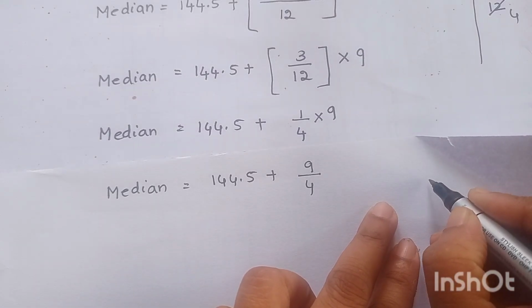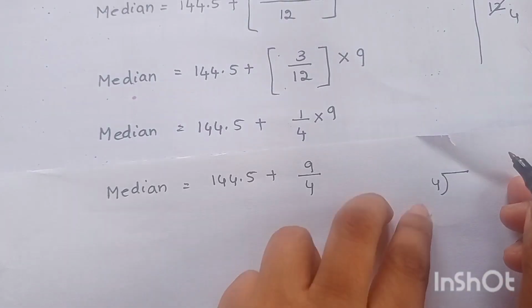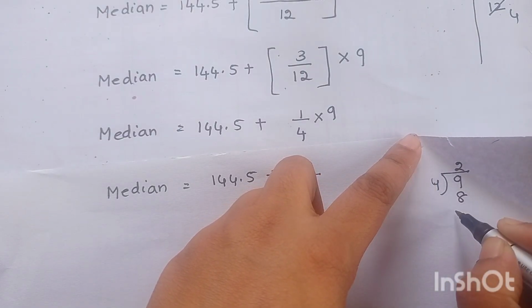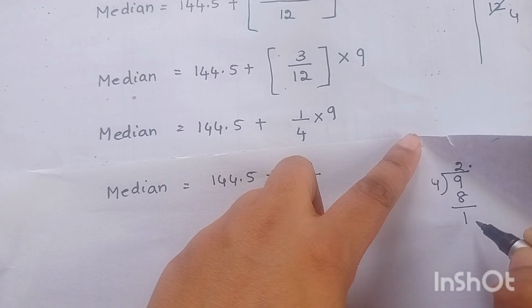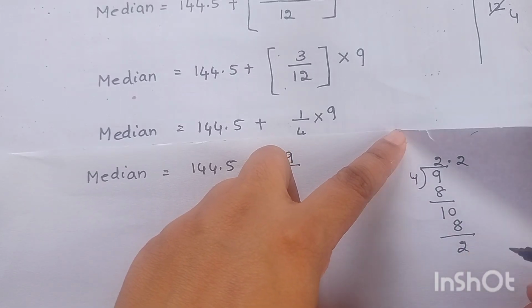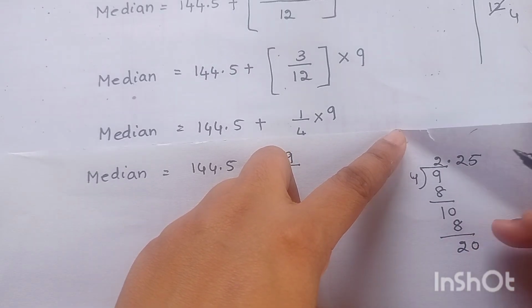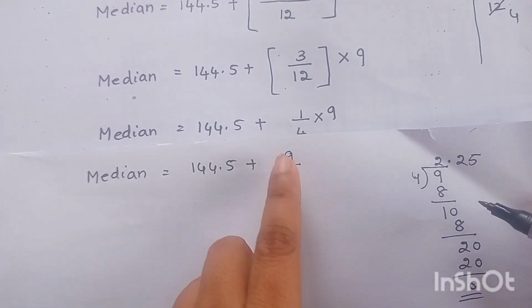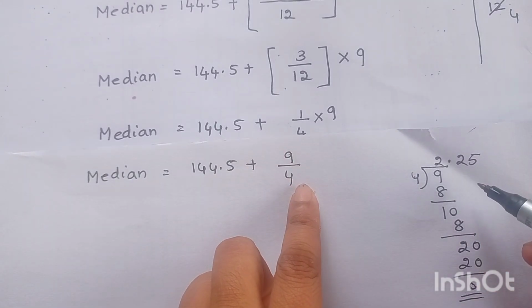Now let us do 9 by 4. 4 twos are 8, 1 remains. Since we have taken one decimal point, I can take 10. 4 fives are 20, and 20 minus 20 is 0. That is, 9 by 4 is 2.25.